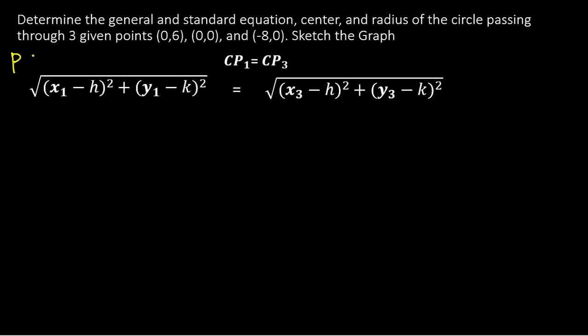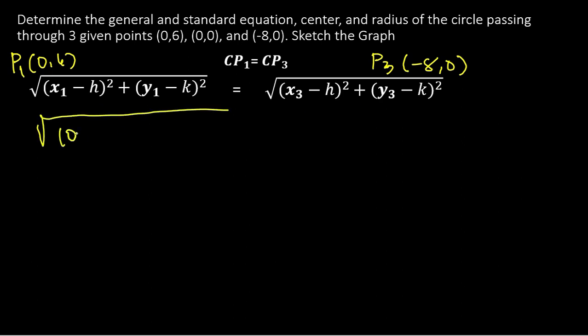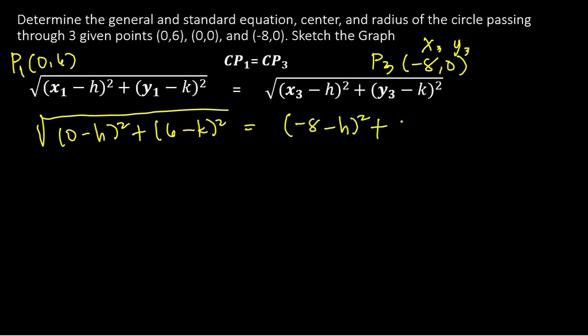For point 1, we have (0, 6). And for point 3, we have (-8, 0). We will have the square root of (0 minus h) squared plus (6 minus k) squared is equal to, for our x sub 3 and y sub 3, the square root of (negative 8 minus h) squared plus (0 minus k) squared.